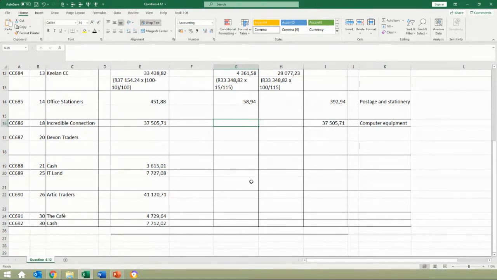Okay, so how did you work out the balance that we are owing for Devon traders at the end of April?